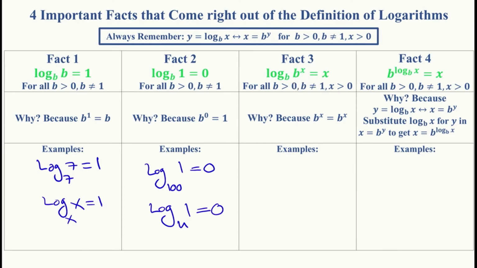So for example, if you have log base 7 of 49, it's not in that form yet, but I can always write this as log base 7 of 7 squared, which I know now by this rule, which you should not just memorize but fully understand, is 2.